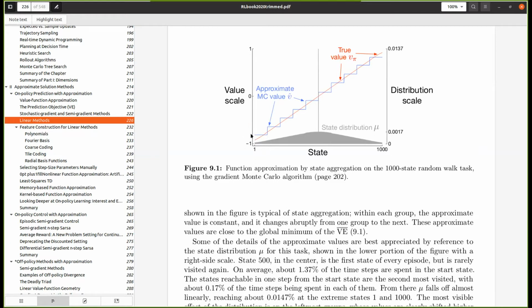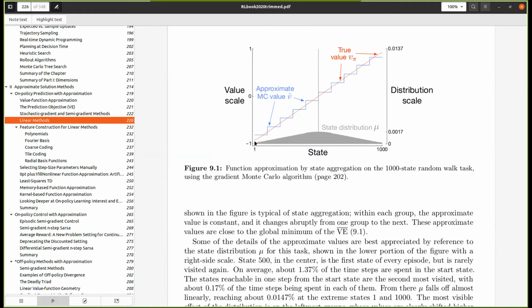And that is why our approximate function here is biased, and you can see that it deviates towards the higher values here and lower values towards the end, because the further we get to the right terminal state, the higher the true value function is for that state, and the closer we get to the left terminal state, the lower the function is.